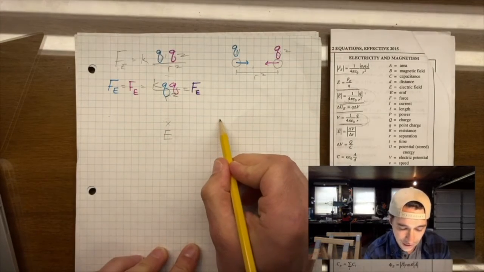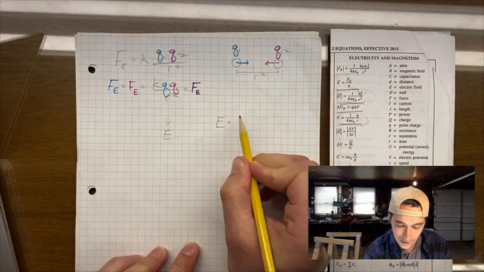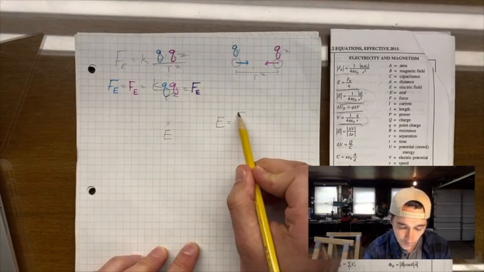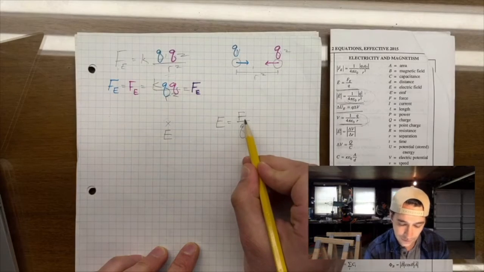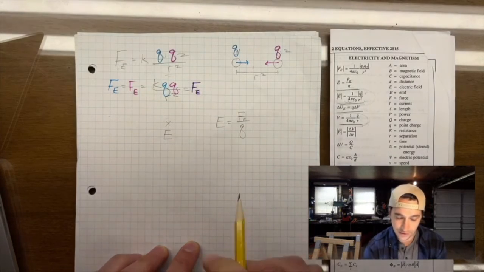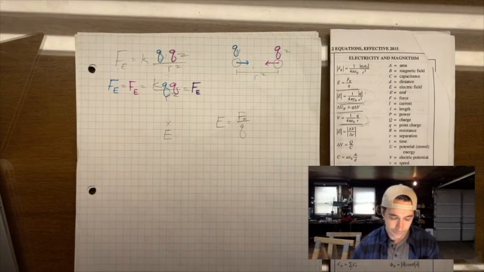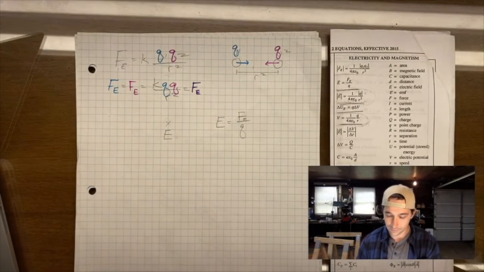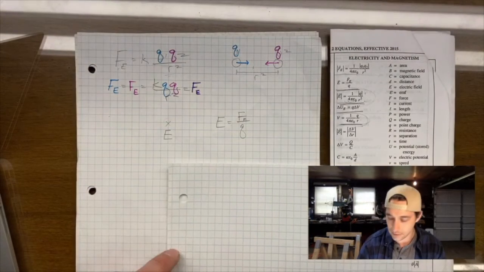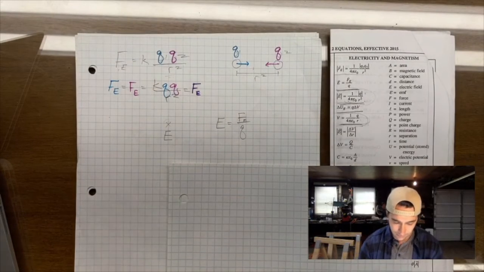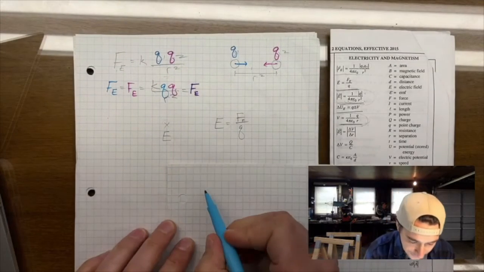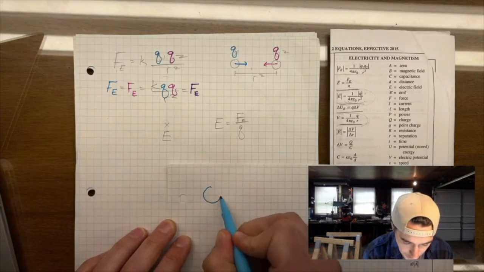Well, the strength of that electric field has to do with the force that some charge would feel there. The electrostatic force that some charge would feel there. So let's think, what if I had a really big Q there?